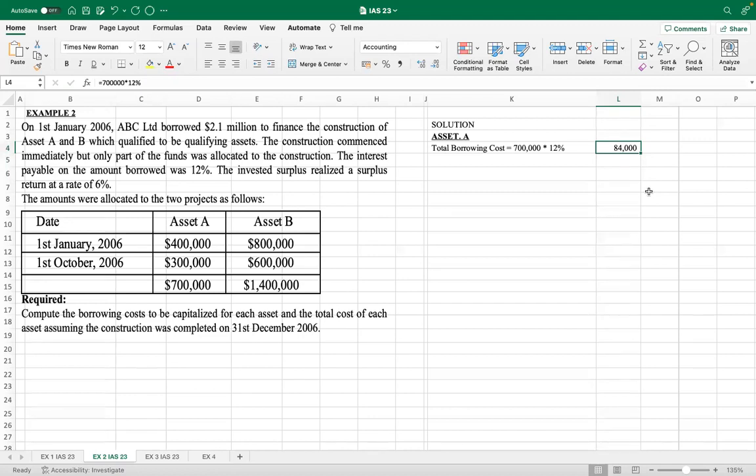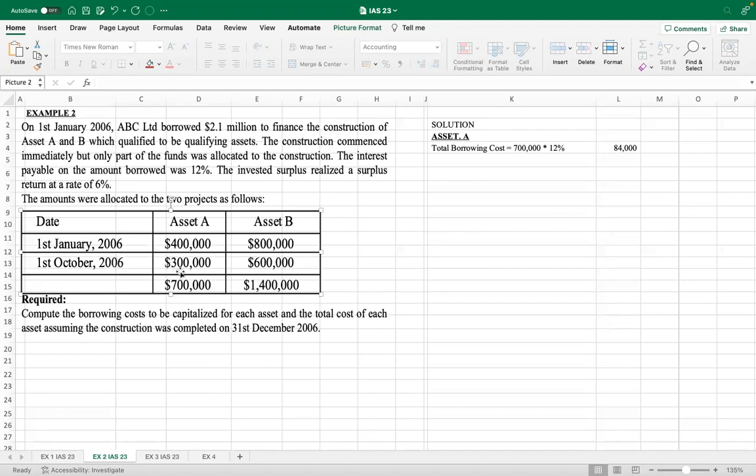Now, this borrowing cost of 84,000 meets the definition of the amount to be capitalized, but we did not use the whole amount immediately. We used only 400,000 for asset A on 1st January. The other 300,000 we only needed on 1st October.